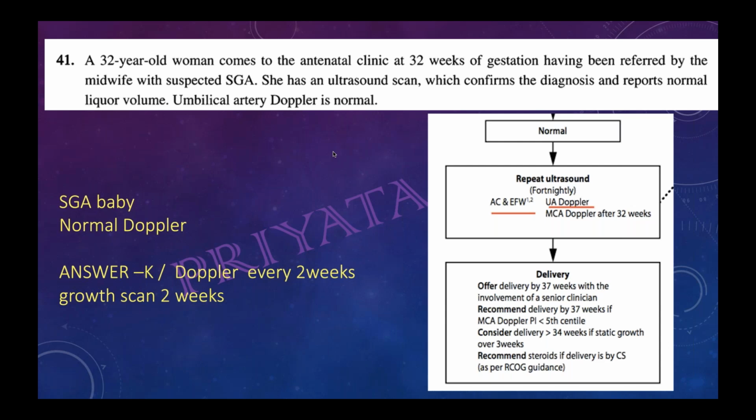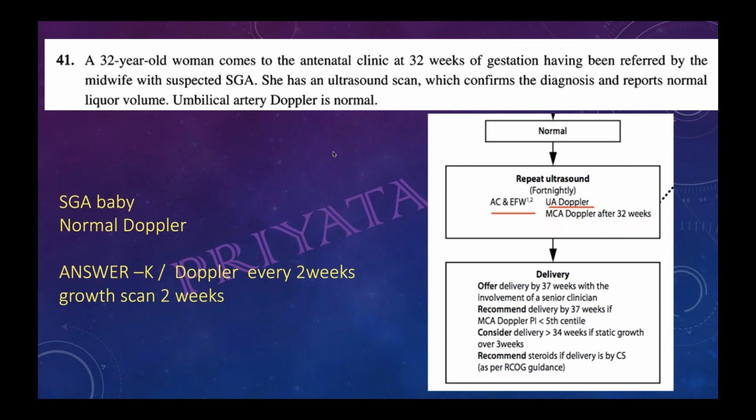No. If a suspicion of SGA is there, the midwife would have suspected SGA by symphysiofundal height. Only they can measure that, so that suspicion has come. Therefore they have put her on the serial growth pathway, but the doctor finds the Doppler is fine. So the answer will be from this only.